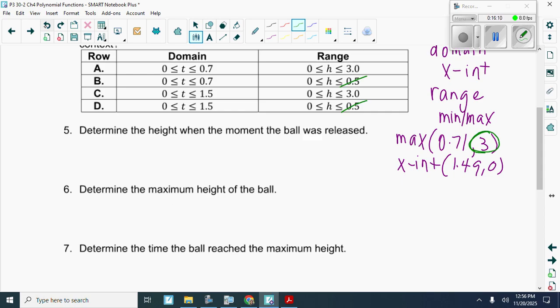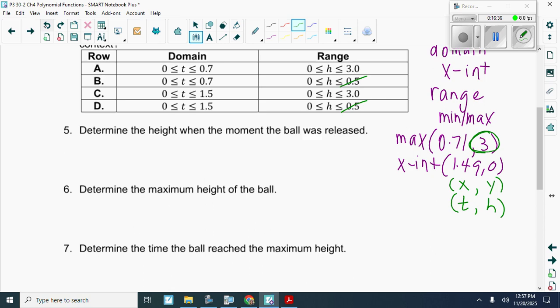Can you see how quickly I just mixed up the H and the T? So you just have to be clear in your head which one is which. We know that this is X and Y, and so this is my time and my height. Your height tracks with your Y value, and your time tracks with your X value.